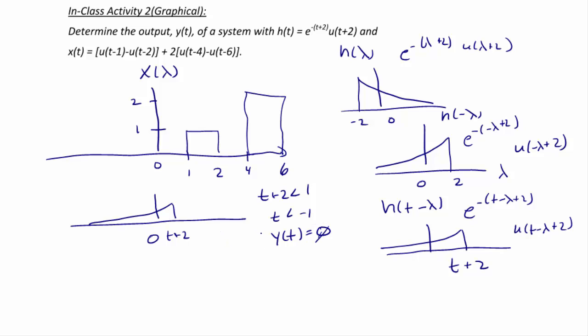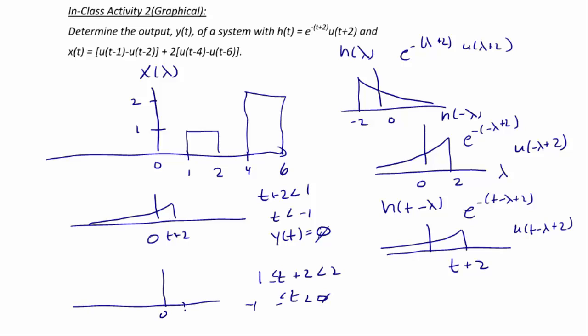Our next region would be when t plus 2 is between 1 and 2. So we're going to have t plus 2 between 1 and 2, or t is between negative 1 and 0. And let's draw a graph of what this looks like.